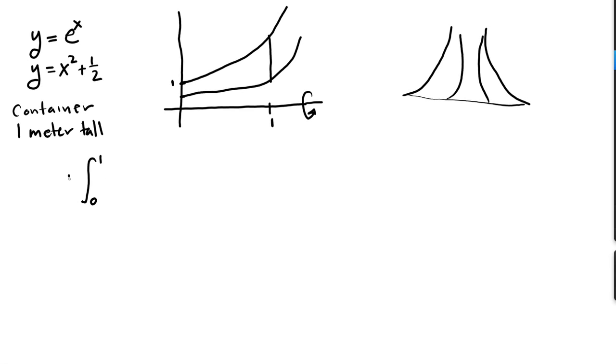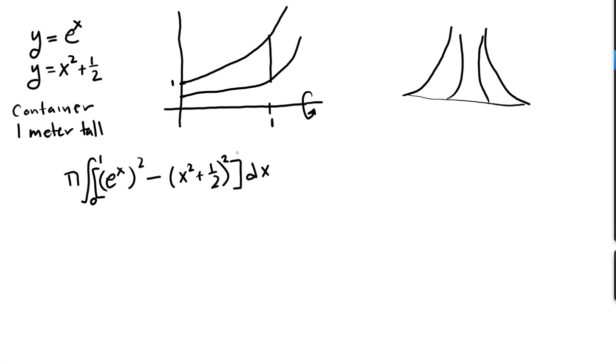So that's going to be, let's throw a pi outside, e to the x squared minus the bottom curve, which is the parabola, x squared plus 1/2, and all that is dx. So there's your setup. And I forgot to square that. There's your setup.